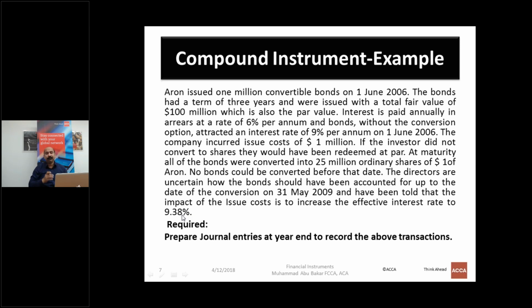Subsequently, when you are treating this debt element, you will be using 9.38%. So I hope this concept from International Accounting Standard 32 and its treatment is clear. Okay. Now we can move.